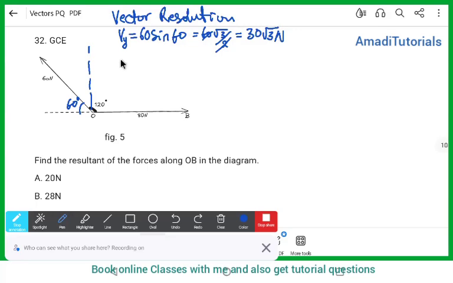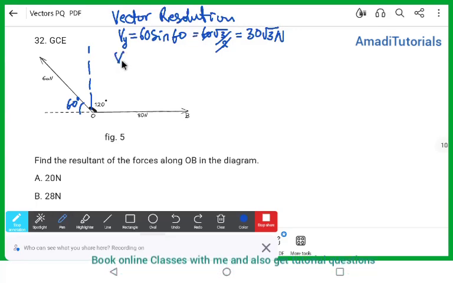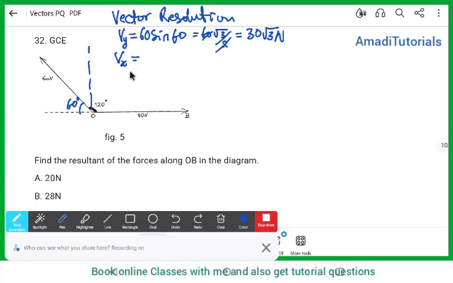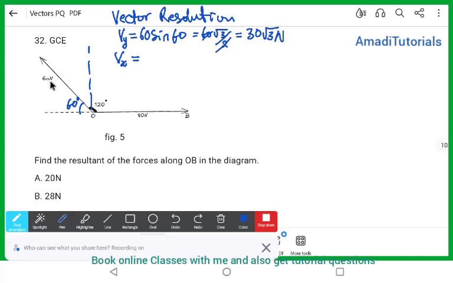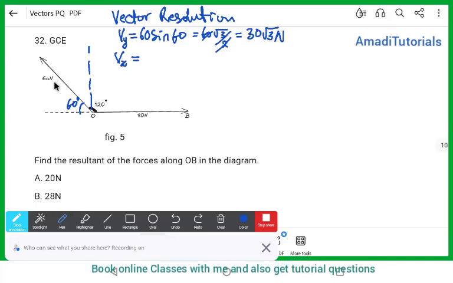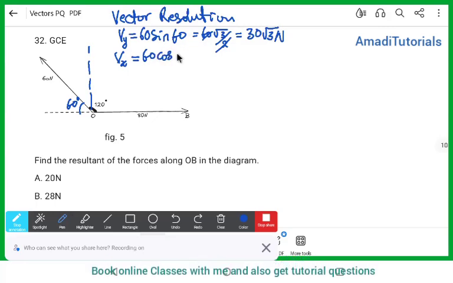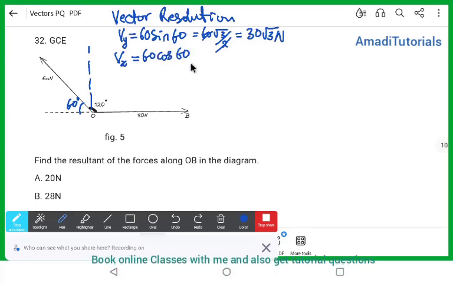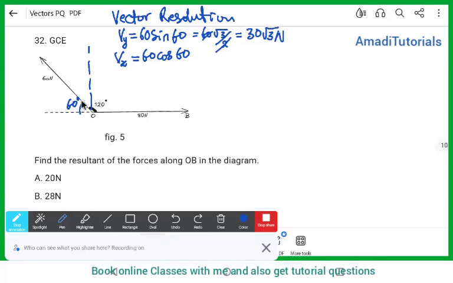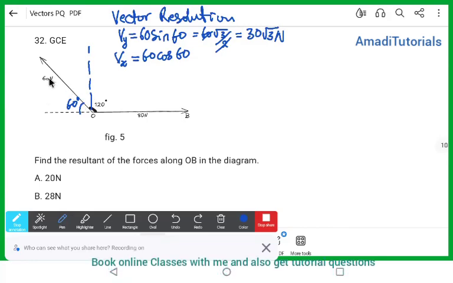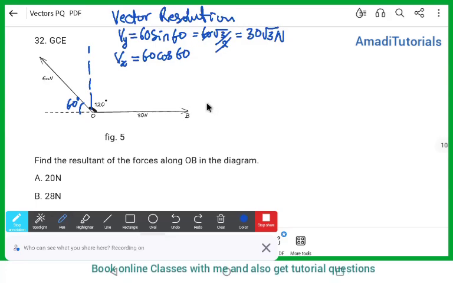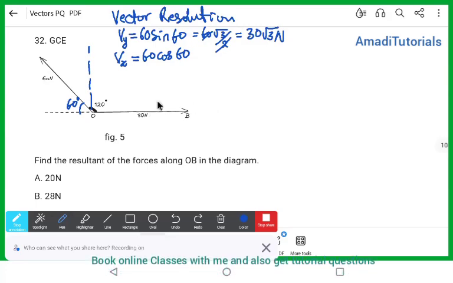So for our horizontal component, V subscript X, we resolve this 60 into its horizontal component. That will be 60 cos 60. Now, this 60 Newton is acting on the left side, the opposite side of that of 80, while 80 is acting on the right side. So their resultant will be a subtraction.